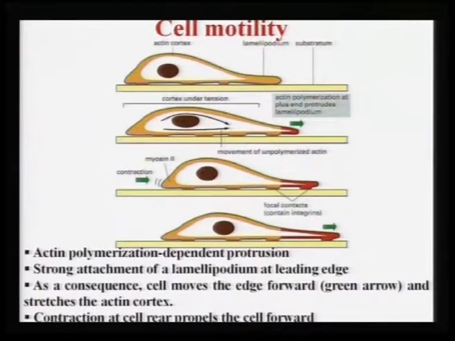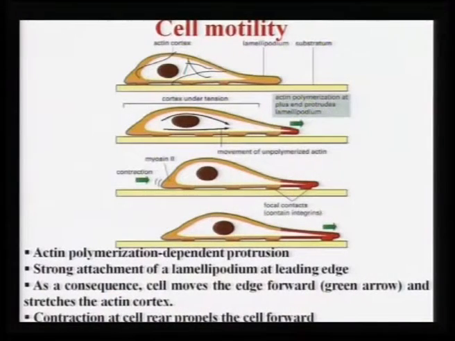This slide clearly shows how cell movement occurs on a substrate. From the earlier lectures, you know that when a cell interacts with the matrix, initially the cell starts changing its shape from a more spherical shape to a non-spherical shape.